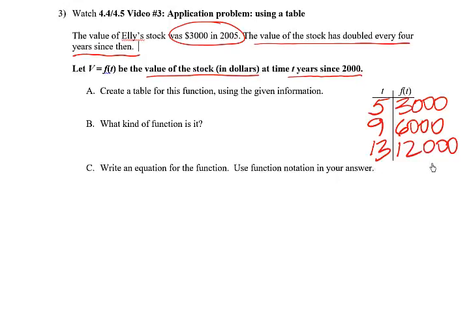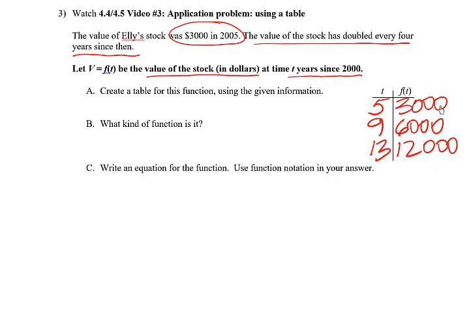And that's probably enough. Letter B asks, well, what kind of function is this? Well, we've only covered two kinds of functions, linear or exponential. For a linear function, I would be looking in the y column for the same number being added each time as I move down the table. I don't think that's what's happening here.